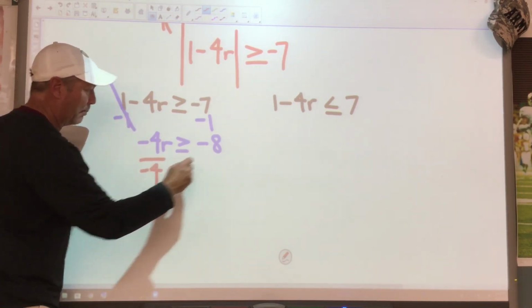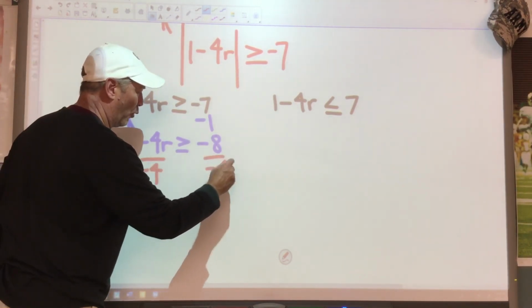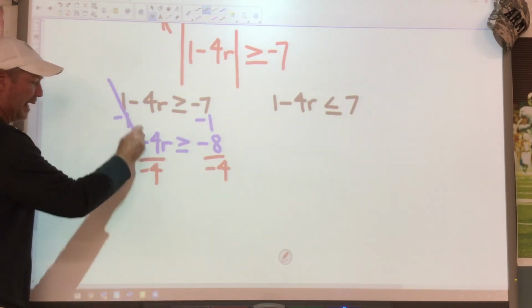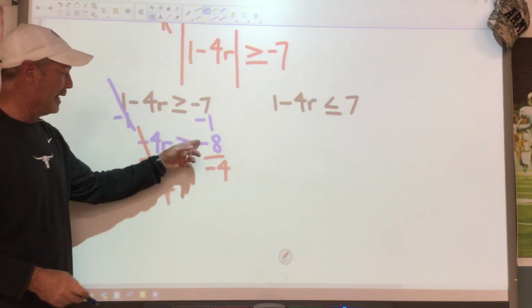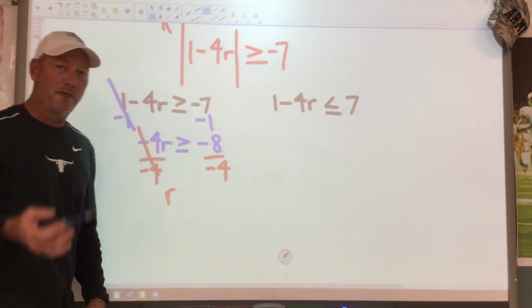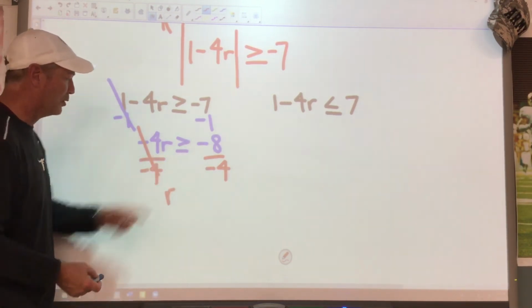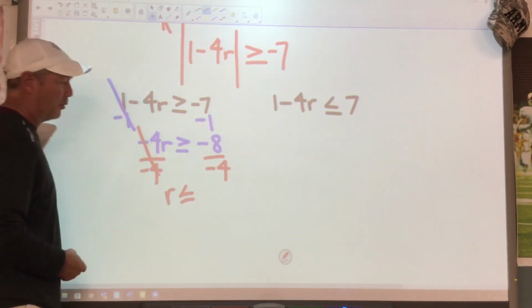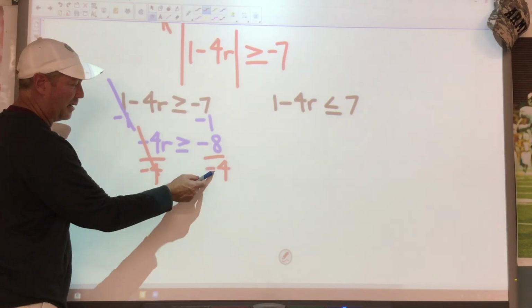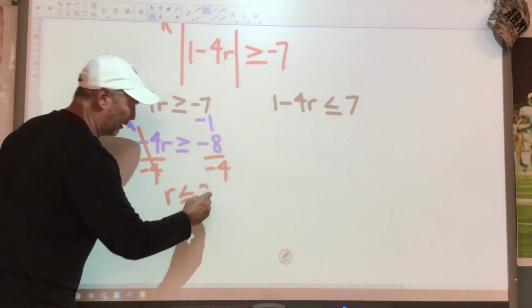This will cancel r. But we divided by a negative. That's another flip situation. You've got to point your symbol the other way. -8 divided by -4 is a +2.